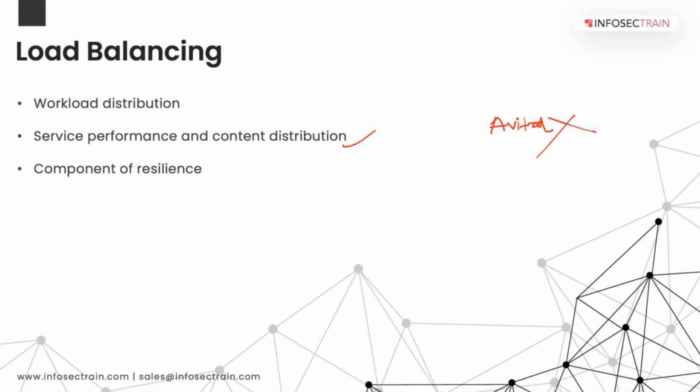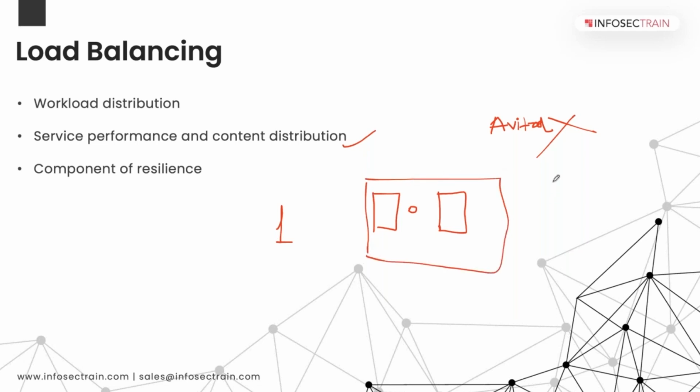In my architecture courses like AZ-104, I talk about different kinds of load balancers, external and internal. Internal is within a VNet, where you have different subnets and deploy the load balancer between the subnets, or between different VNets.